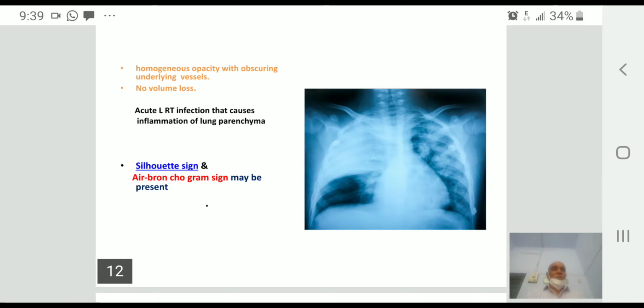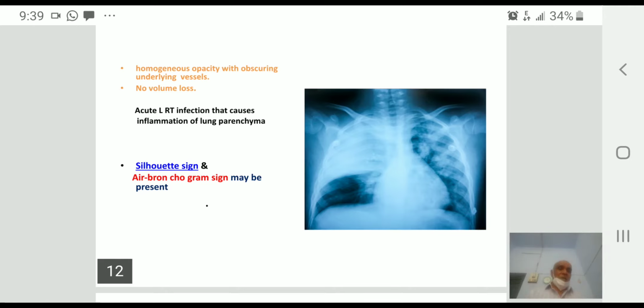Now the definition of pneumonia. It is an acute lower respiratory infection that causes inflammation of the lung parenchyma. There are two signs in air space consolidation or pneumonia: one is the silhouette sign and second is the air bronchogram sign.